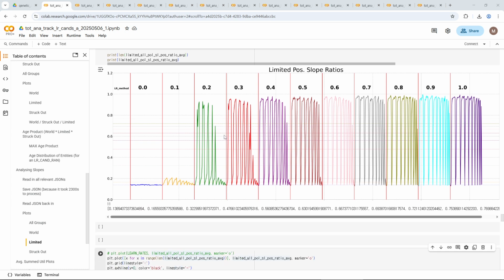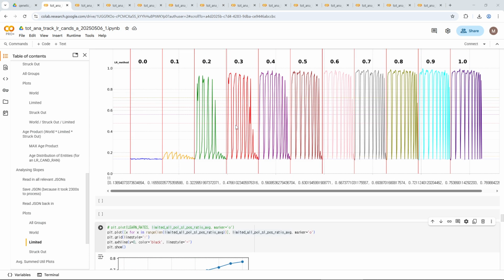The interesting thing is that things really do pick up when the learn rate jumps from 0.1 to 0.2. That is when the learn rate changes from 10% to 20%, it really changes. It was this much, and now it's this much.